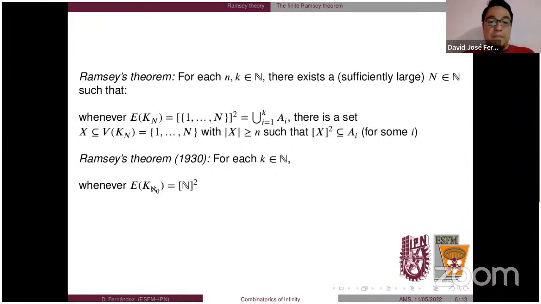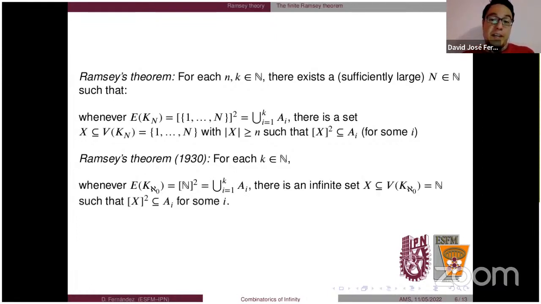And so this time, whenever I partition, depending on how you want to think of it, either the edges of a complete graph with Aleph 0 elements, or simply all the subsets of the natural numbers with 2 elements, so all possible pairs of natural numbers where the order doesn't matter, you partition this into k cells, and you will always be able to find an infinite set of vertices such that the corresponding induced subgraph has all edges within the same cell of the partition.